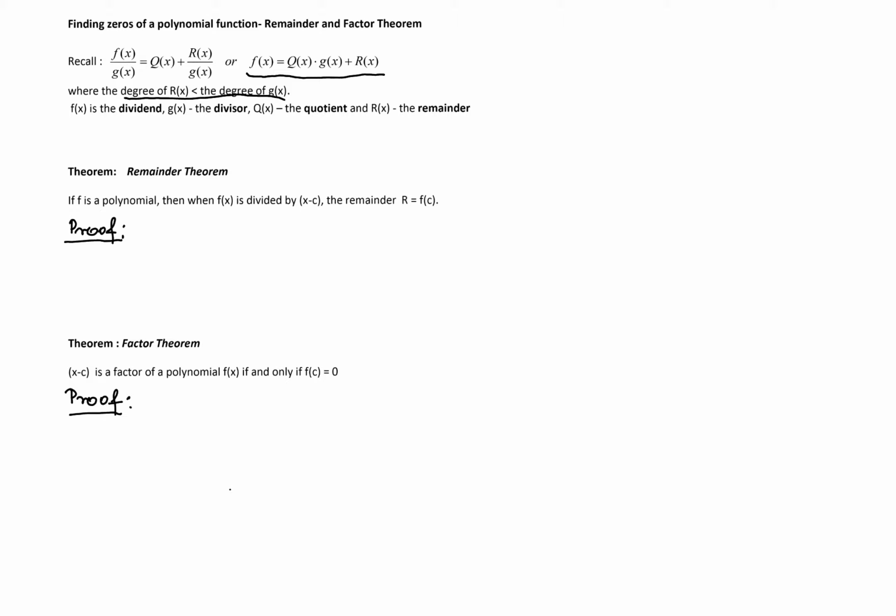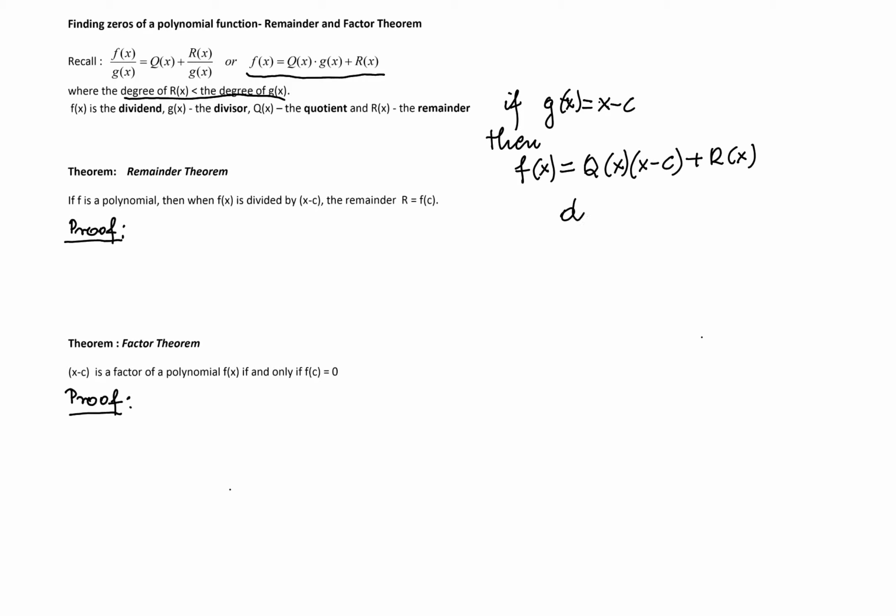So if g of x is the polynomial x minus c, then we can write that any function f of x divided by that binomial x minus c will be the quotient q of x times x minus c plus r of x.